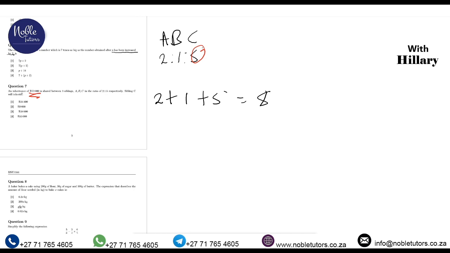C is going to get 5 out of 8 of 72,000 rand. When you calculate that, you obtain 72,000 times 5 over 8, which gives 45,000. So sibling C will get 45,000.